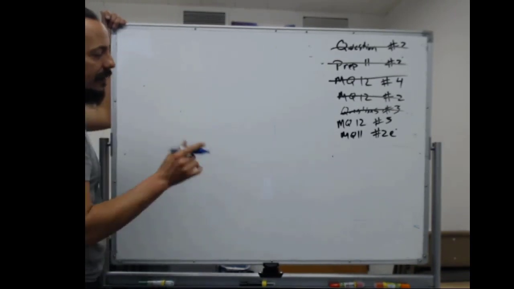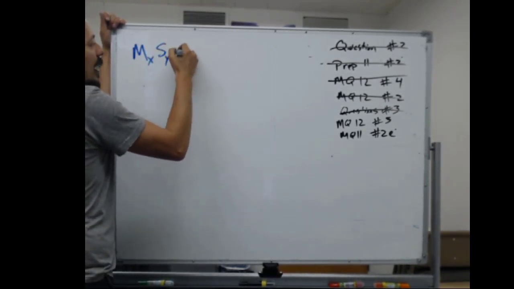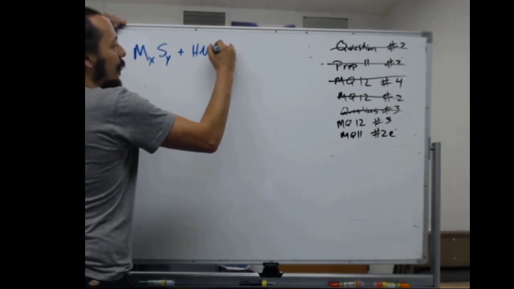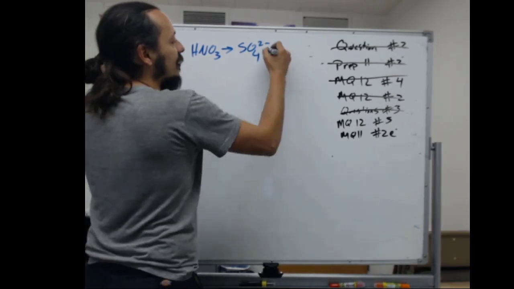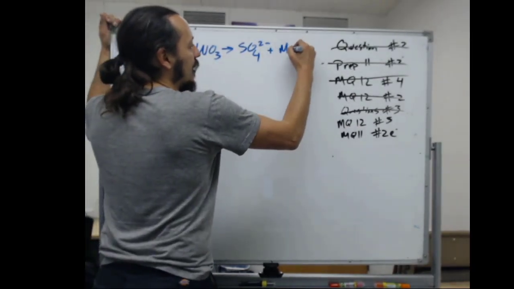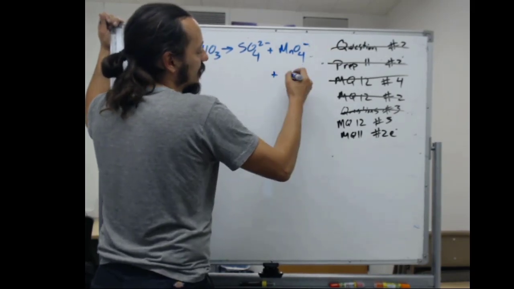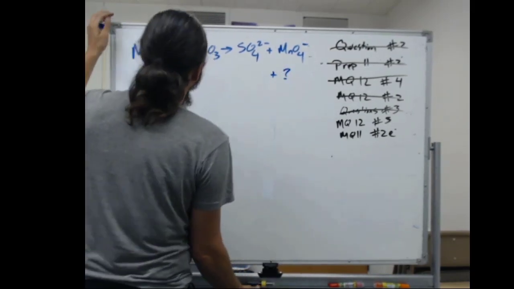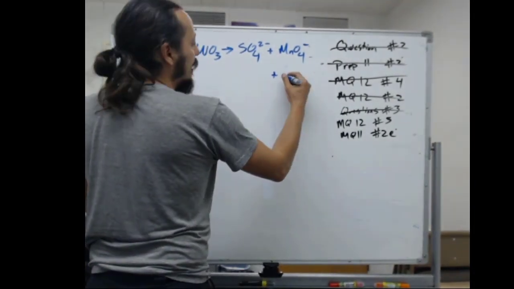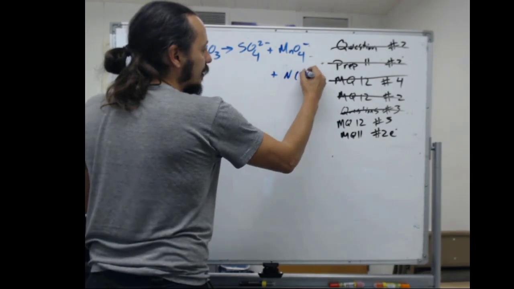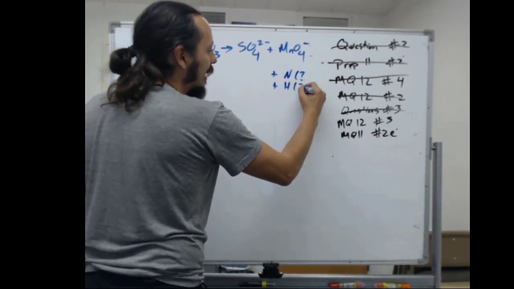It's going to be something like MxSy plus HNO3 goes to SO4 2- plus MnO4- plus, I don't know, some other junk. Some mystery nitrogen compound, some mystery hydrogen compound. You notice there's no hydrogen in the starting material, some mystery hydrogen compound.